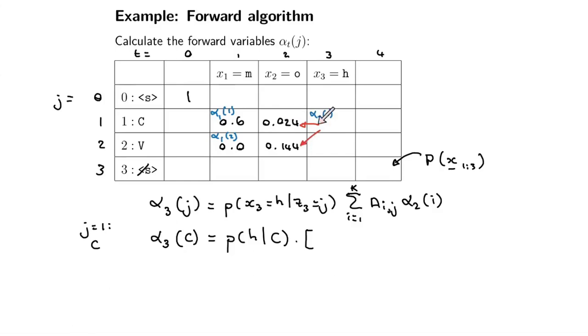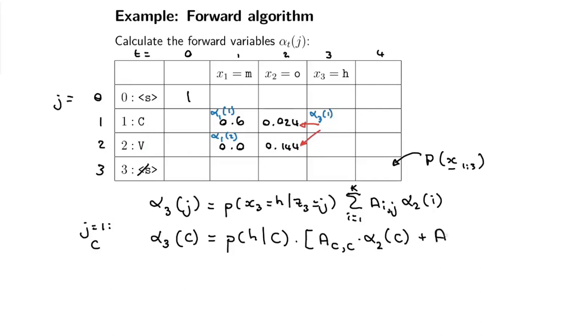Okay, so the first option is that in the previous time step, we were in the C state, and now we're still in the C state, times the alpha corresponding to that one, which is alpha at time step 2 being in state 1, or state consonant, plus, okay, the other option is that in the previous time step we were in V and we've moved now to the consonant state.